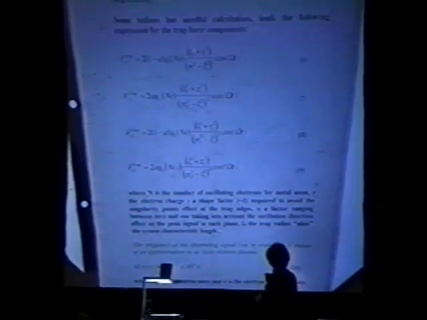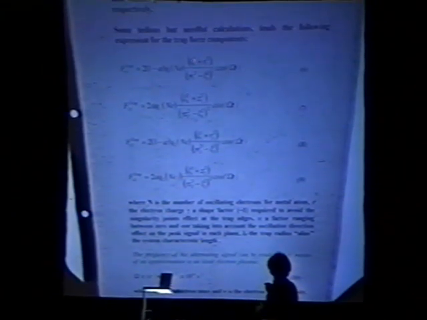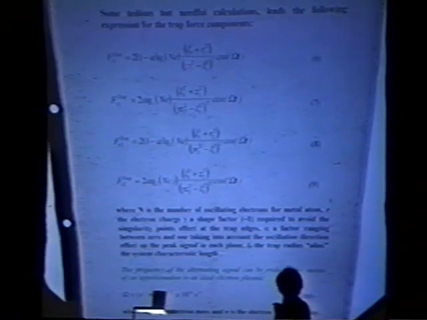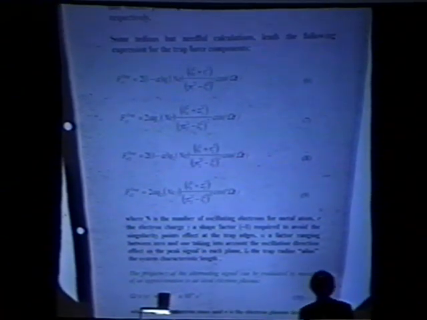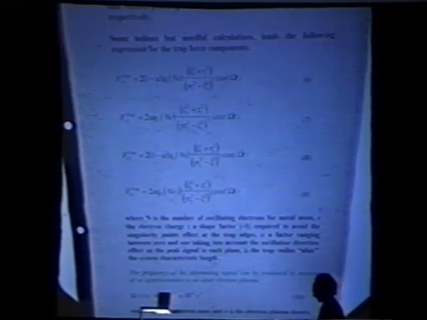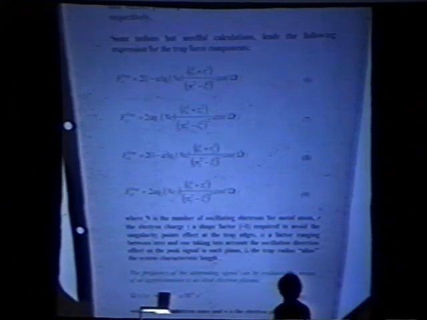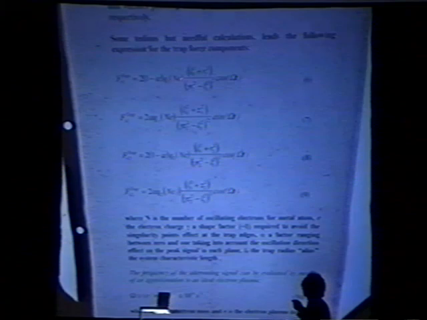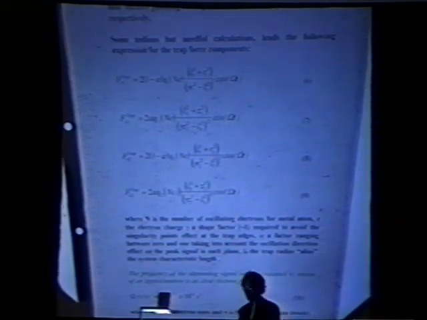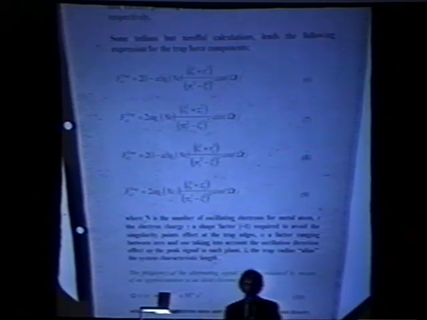L0 is the radius of the trap, and gamma is a form factor close to 1 that avoids the singularity effect at the trap edge. Here K is the electron charge, and the other parameter is the number of electrons which participate in the oscillation for each atom.